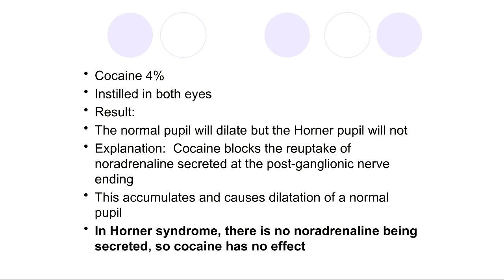The Horner's pupil will stay miosed. In Horner syndrome, there's no noradrenaline being secreted, so the cocaine has no effect, right? So the first thing we do is we put cocaine in the eye. And if it has no effect on that small pupil, we confirm that this is indeed a Horner syndrome.